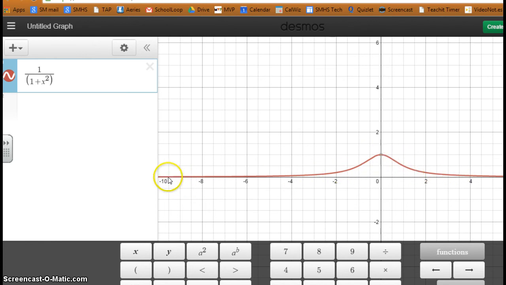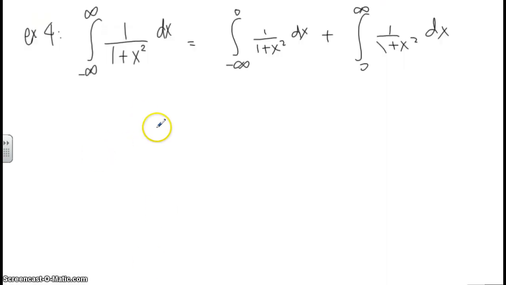So what I've done is split the integral to find the area from negative infinity up to 0, and then from 0 up to positive infinity. You cannot do both at the same time. Which means if I want to write this and get full credit for it, I must switch it to an area function.